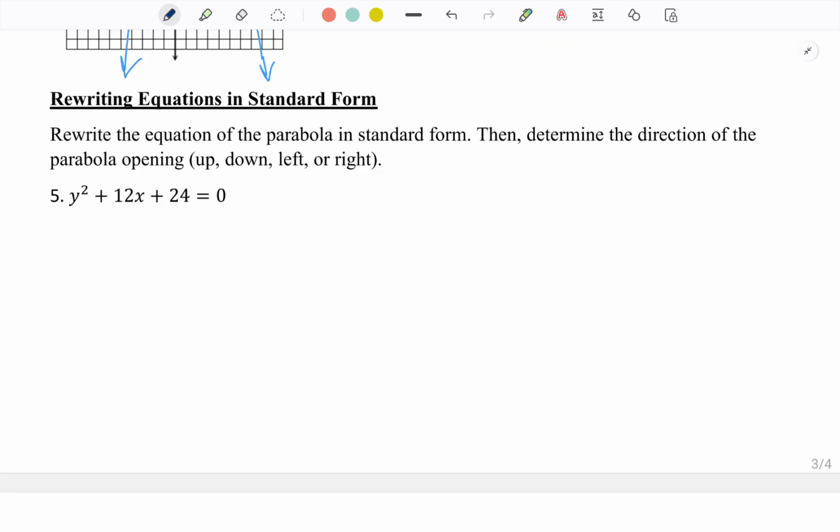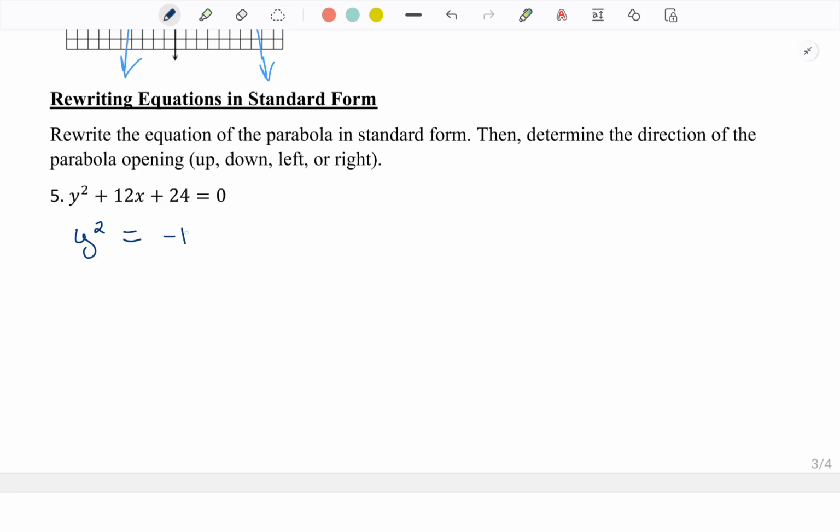So to rewrite the equation, you've got to figure out, first of all, which direction we should open more than likely. So we have a y squared here, so more than likely we are going to open horizontally, either left or right. We'll have to get the rest of the way into standard form in order to see for sure. But what I am going to do is put that y squared on this side by itself, and then I'm going to move all the other terms.